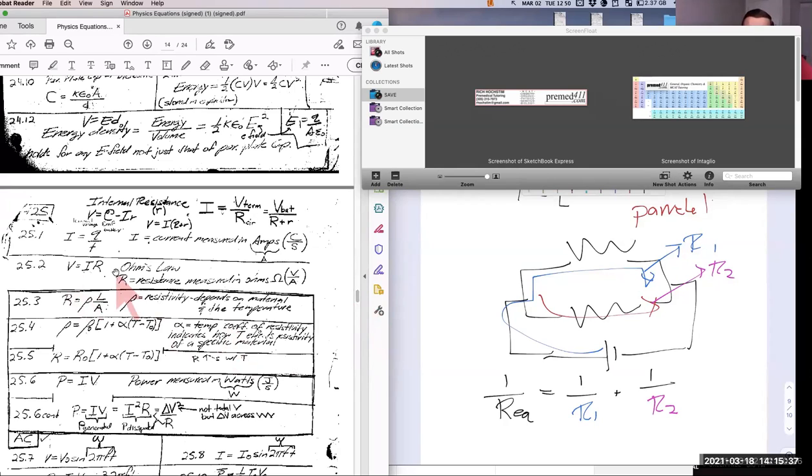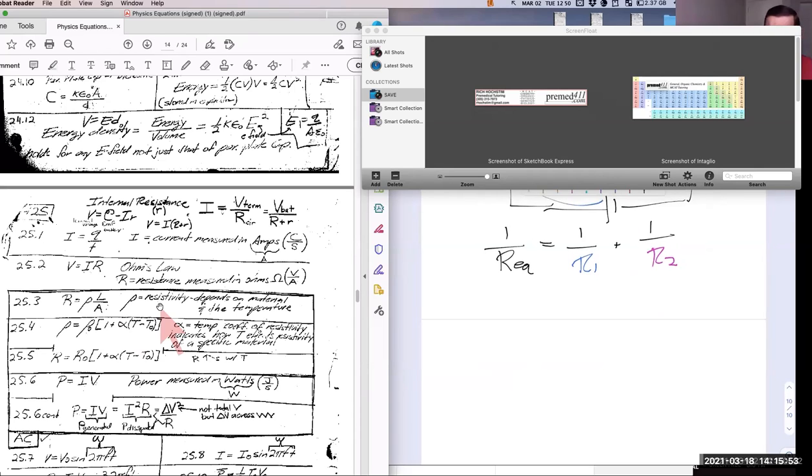Now, Ohm's law is the biggie, but there's also a little law here, and it has to do with something that's not resistance, it's called resistivity. And it's a measure for a material. So here's how that works. It says that the resistance is equal to the resistivity times L over A. So this is resistivity, and it's a constant for a material.